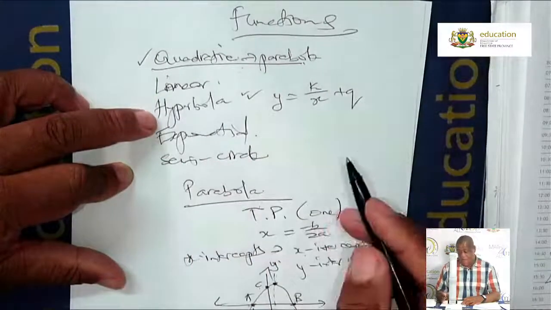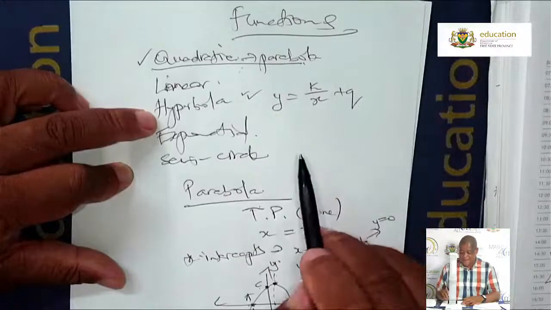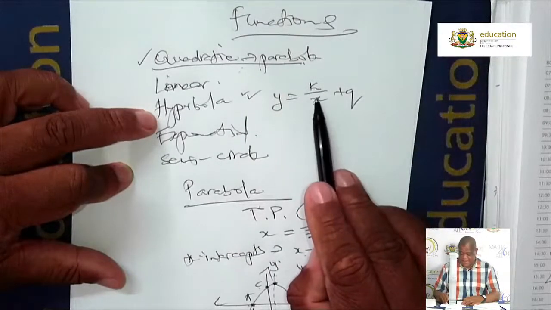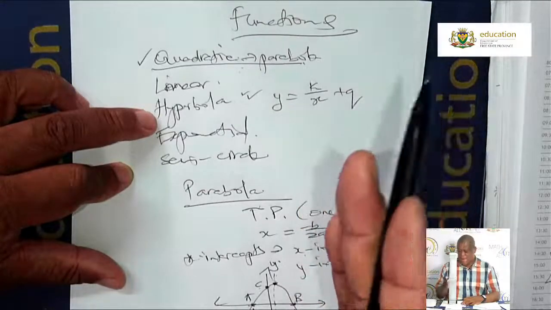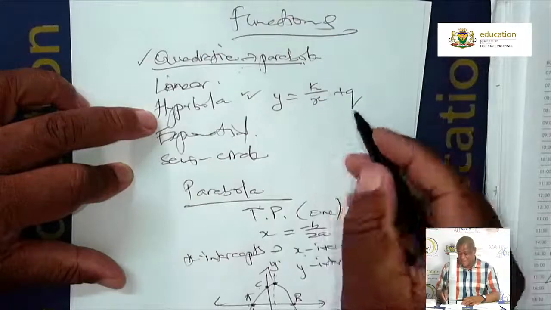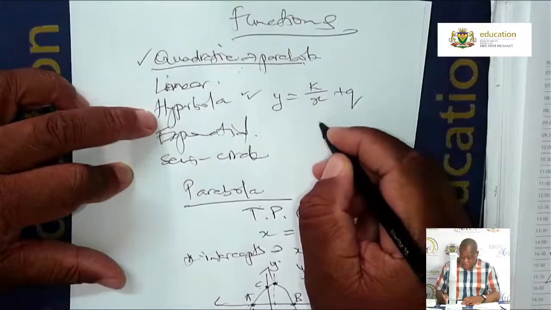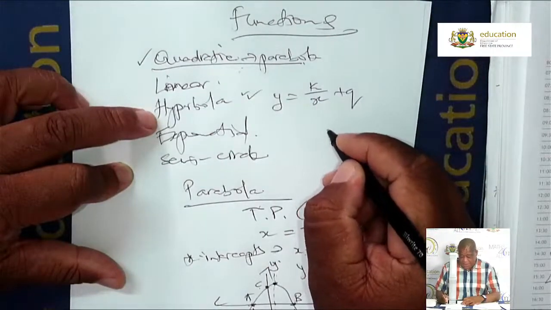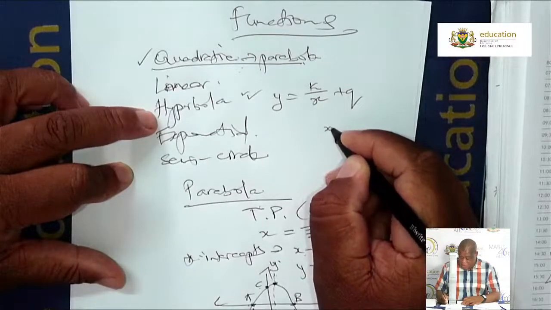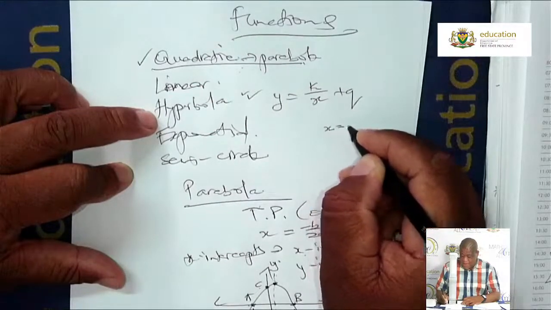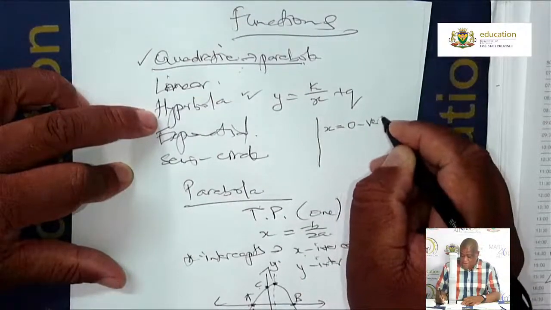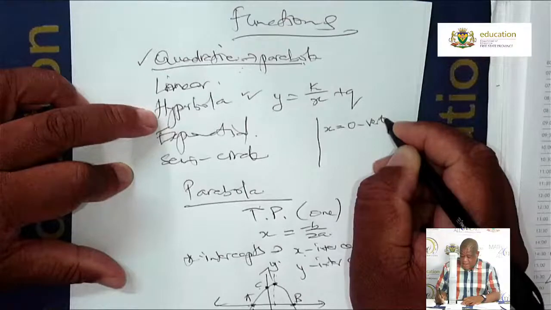This kind of hyperbola is telling us that because it's only x that appears there, the y-axis will serve as the vertical asymptote. The y-axis, the vertical asymptote, that is where x is equal to 0. It's serving as your vertical asymptote.